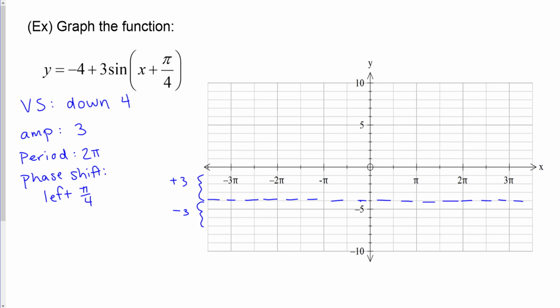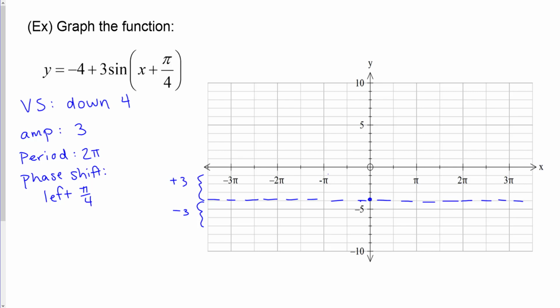So normally the wave pattern of sine begins at the horizontal axis and right at the y-axis. So normally I would start the wave pattern right here. But since it's being shifted back pi/4, I need to find out where I'm going to be starting now.